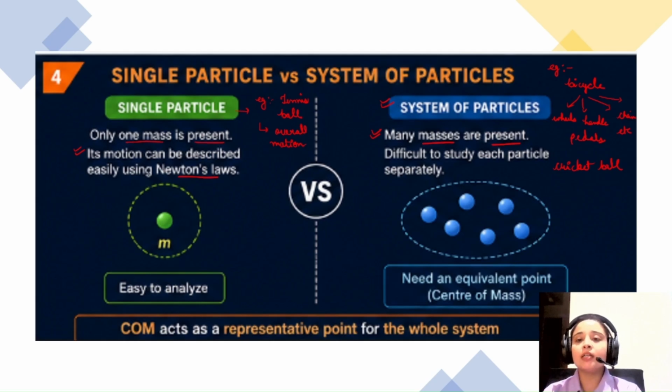And if many masses are involved, it is very difficult to study each particle separately. It's very difficult to study the motion of each individual particle. We cannot do that. Practically, it's not possible.